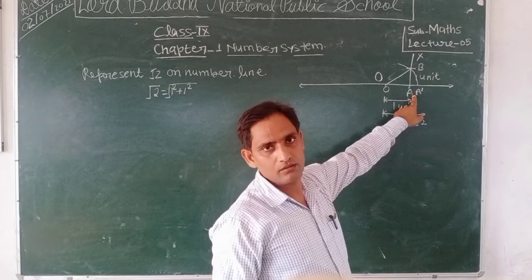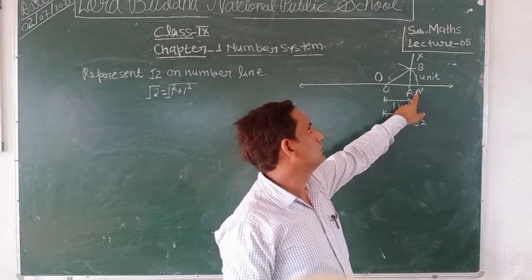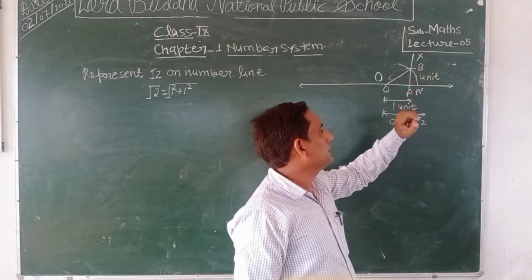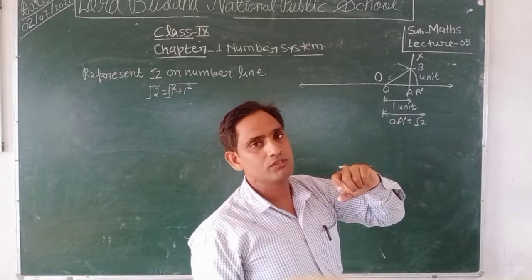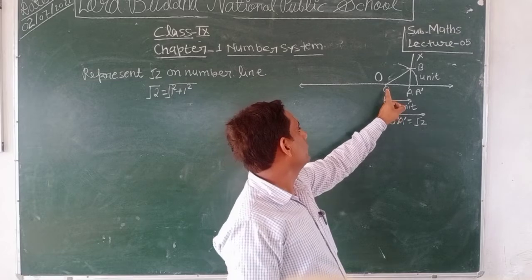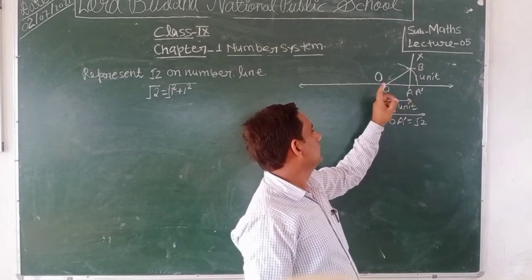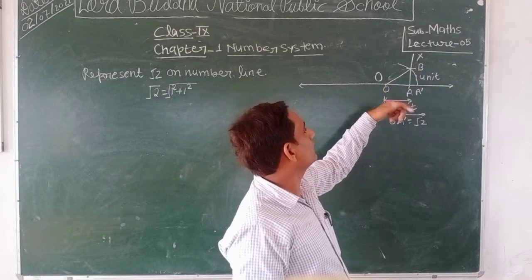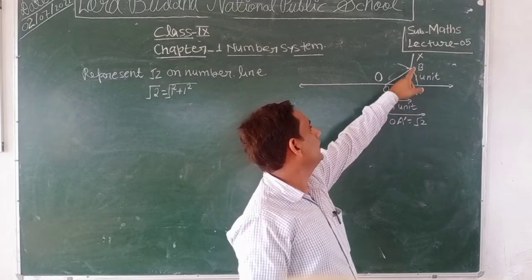After that, we draw perpendicular AX and cut another unit length of 1 unit. Now, join points O and B. In this way, it forms a right angle triangle OAB.